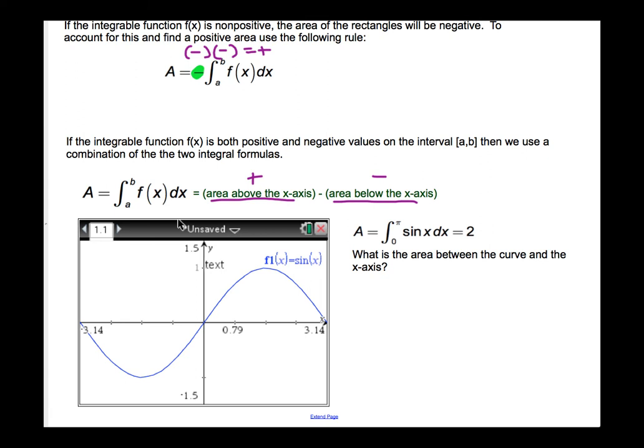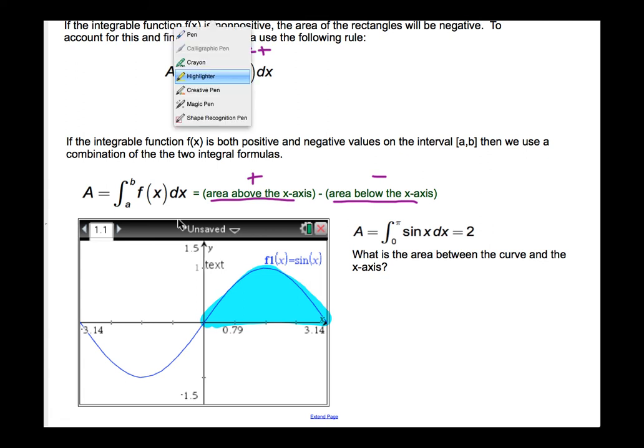The area from 0 to pi of sine x dx is 2. So we're told that the area under the curve from 0 to pi right here, this area is equal to 2. So what is the area between the curve and the x-axis?